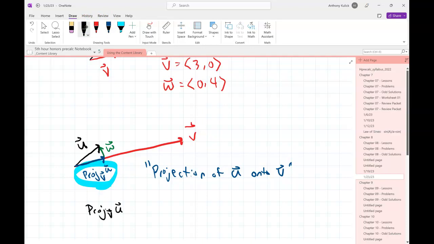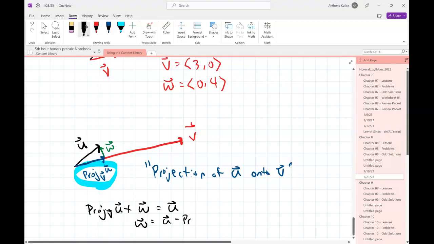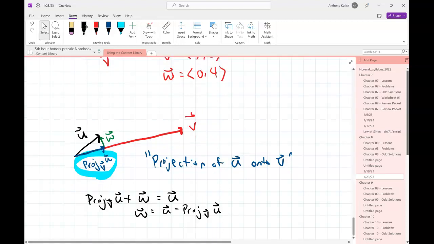Since I know that the projection plus W has to equal U. U is my starting value. I know U already. So W just has to be U minus the projection, right? The question is, how do I get that projection?